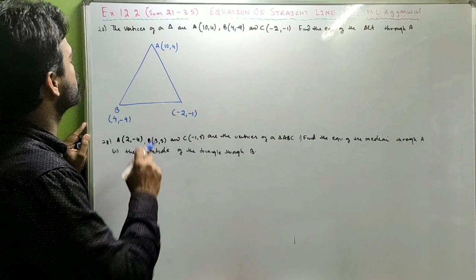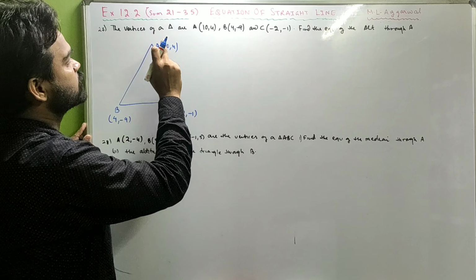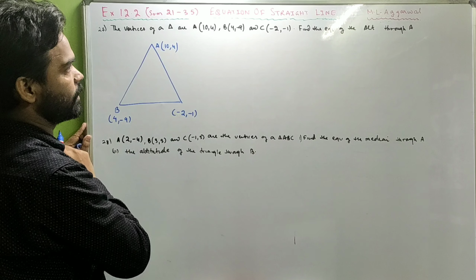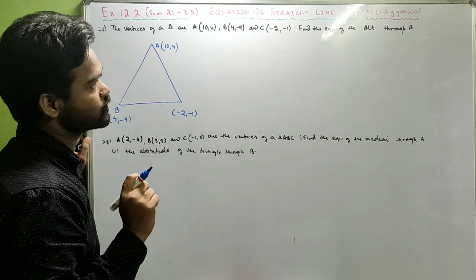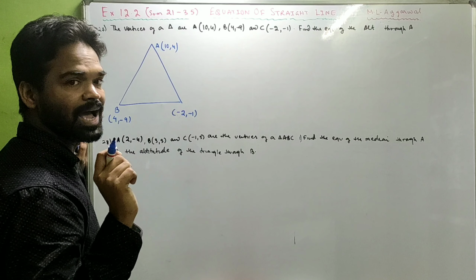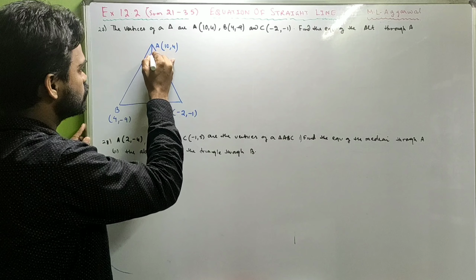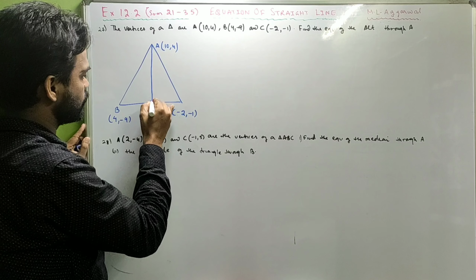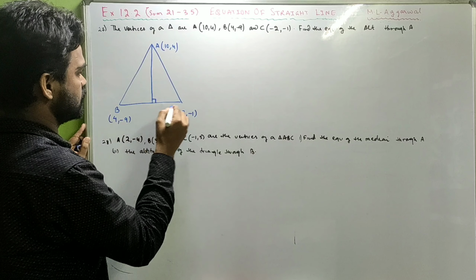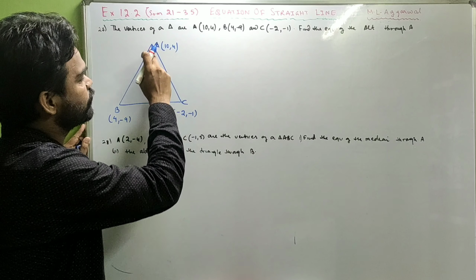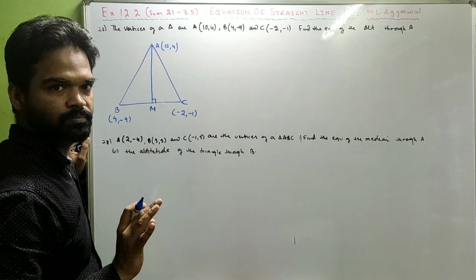Now look at sum number 27. The vertices of a triangle are A (10, 4), B (4, minus 9), and C (minus 2, minus 1). Find the equation of the altitude through A, which means if we draw the altitude, the perpendicular on BC, suppose this is M. They want the equation of AM. Very simple.